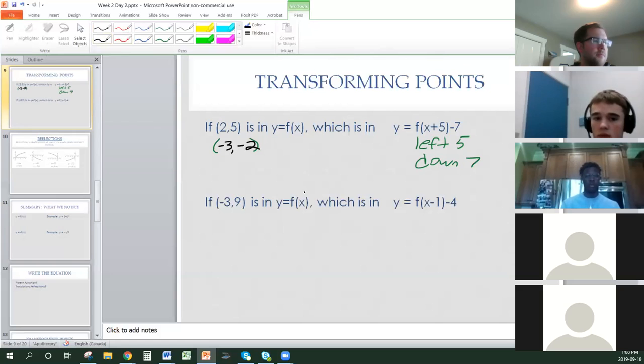That's right. So what Freddie did there, everyone, was she just took the x coordinate of the coordinate 2, and she moved it left 5. So if our coordinate was right here, she's going to be moving it to the left 5 and then down 7.